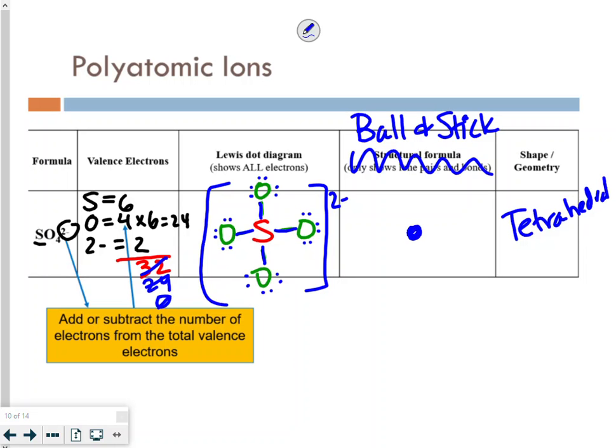And then, of course, when you draw it, ball and stick model, you've got to use the 3D that you can. Do the best that you can with your wedges and the dashes to try and make it look 3D. There you go, ball and stick model. So that one, of course, is sulfate.